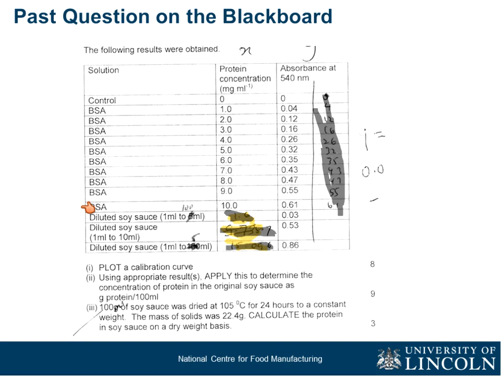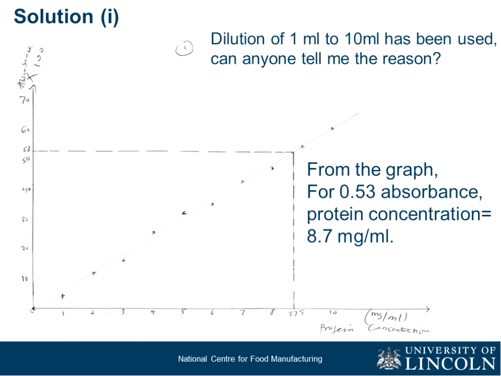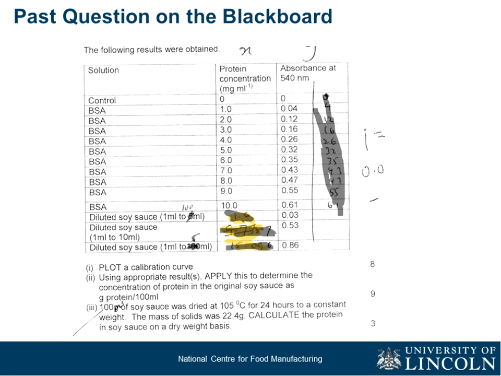The BSA standard has been used because there are 10 of them. They have been used to have a calibration curve. This is from 0 to 10, I think. Yes. So that is what we need, from 0 to 10.